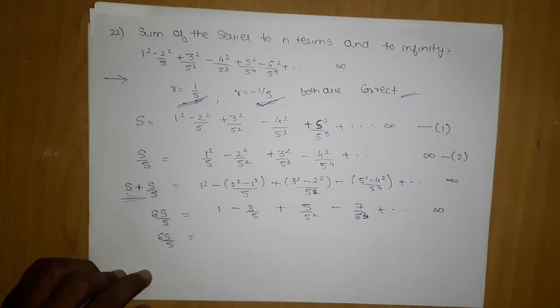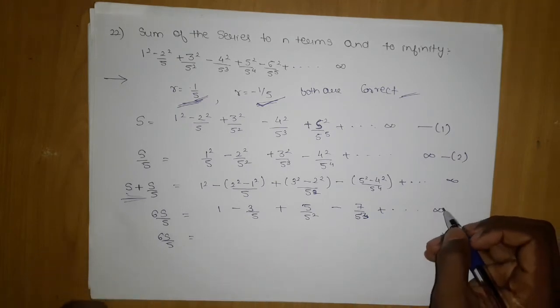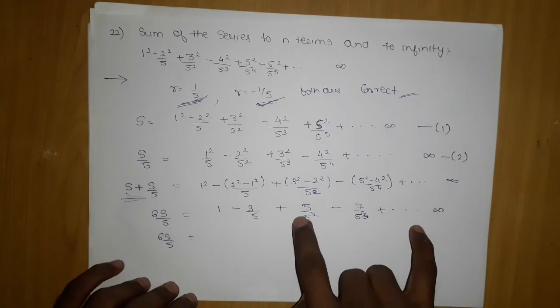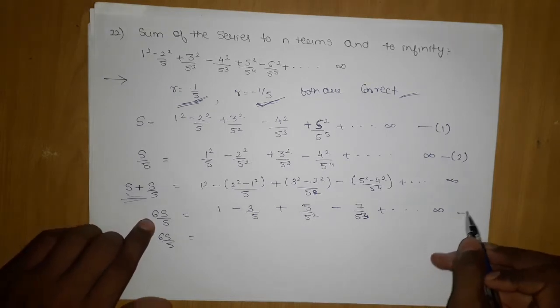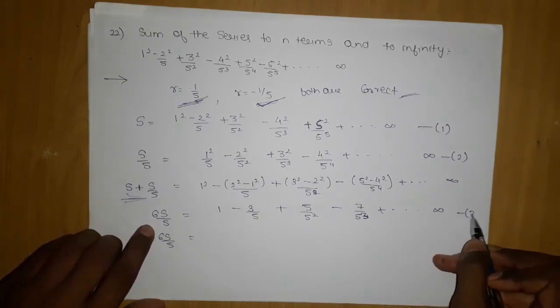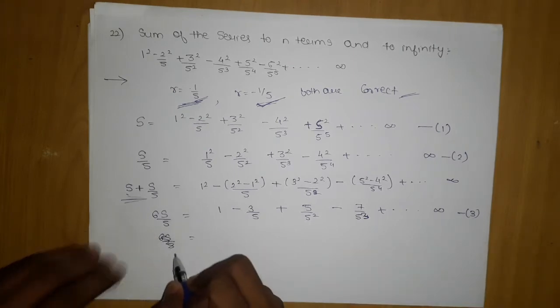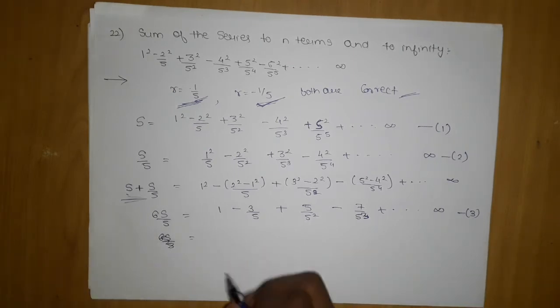if we have this series, what we can do is call this series 3. And we can do one thing, we can again multiply it by 5. What will happen with this?